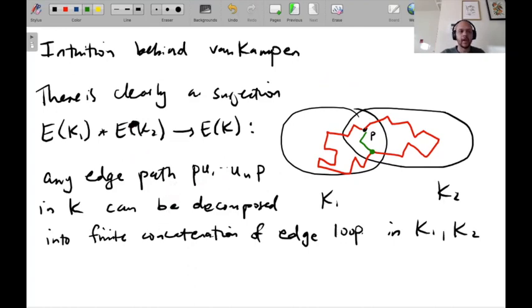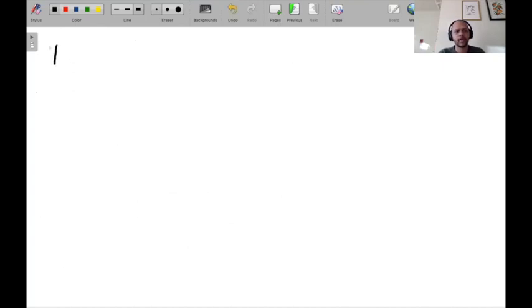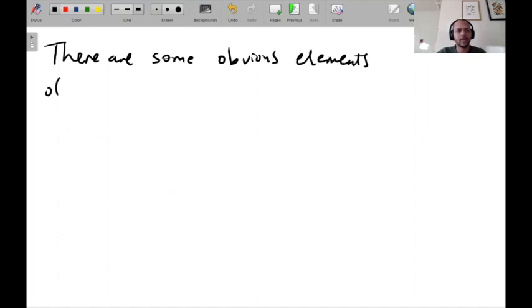Right. And then the next thing about the theorem is that you want to understand the kernel. So there are some obvious elements of the kernel of this map.